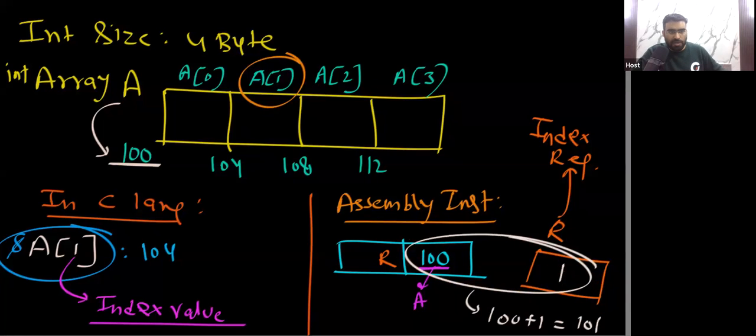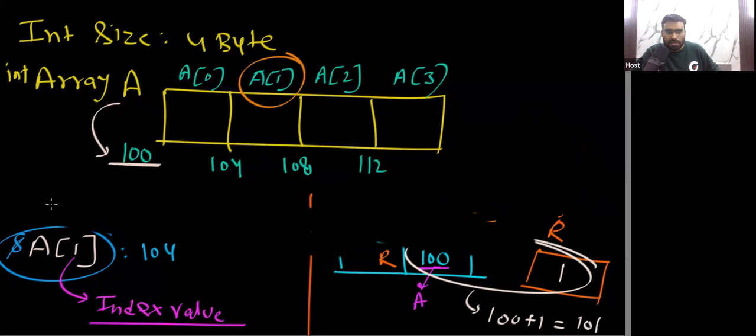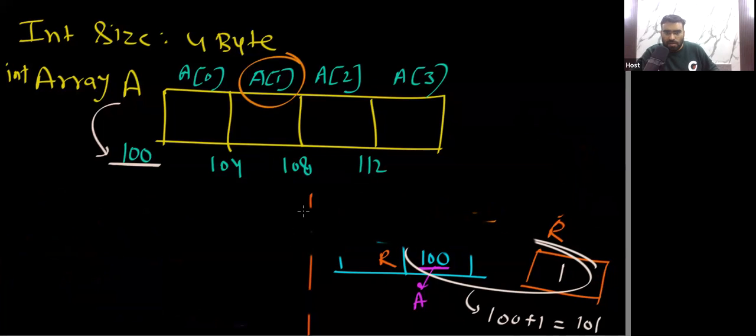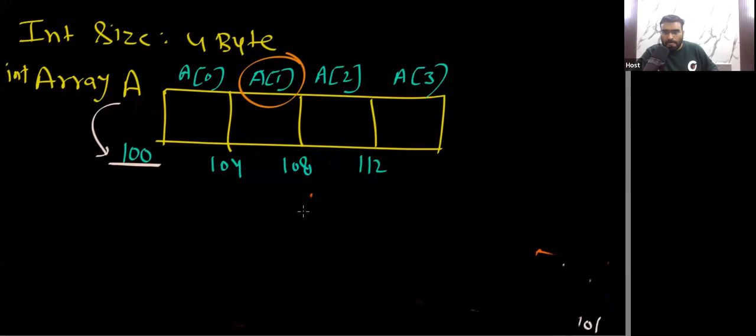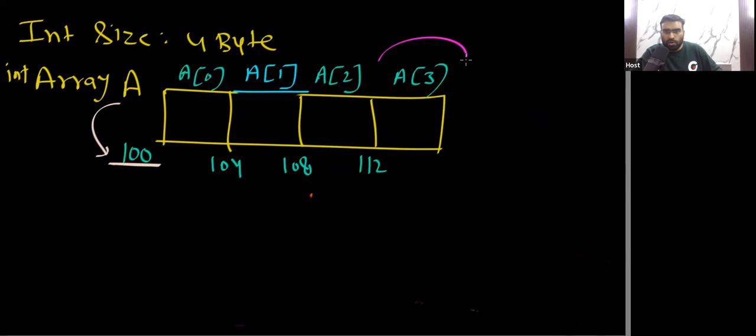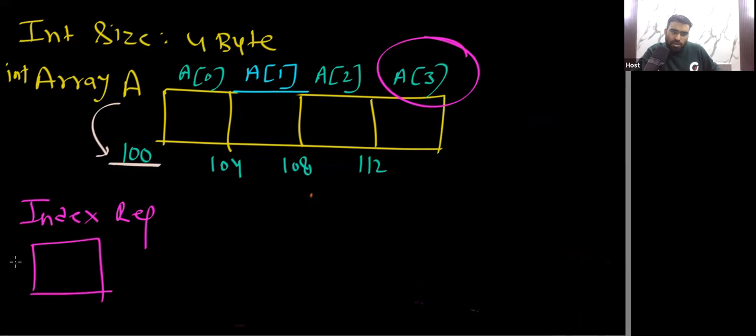Okay, let me ask you one more question. If I want to access A3, what should my index register have?